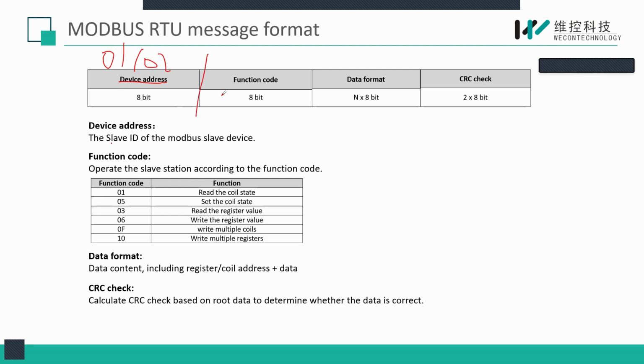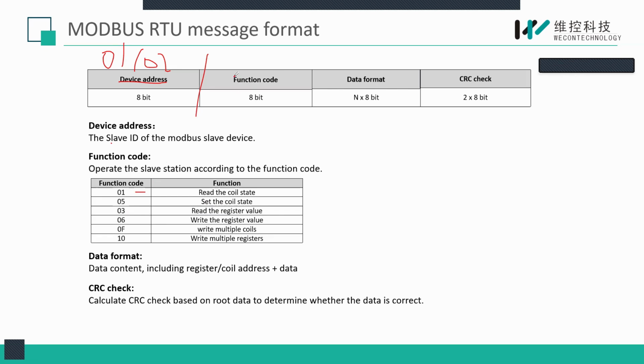And the next part is the function code. Function code means what function the master uses on the slave. Such as 01 to read the single coil states from the device, 05 to write the coil state, 03 to read the register value, and 06 to write.